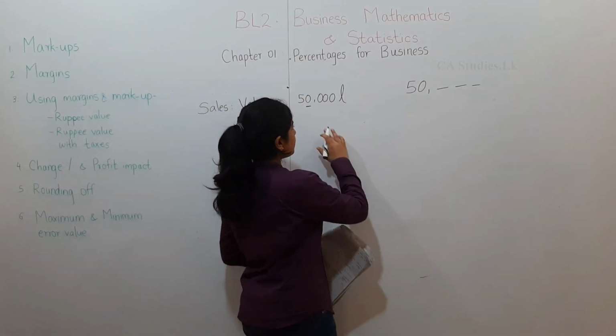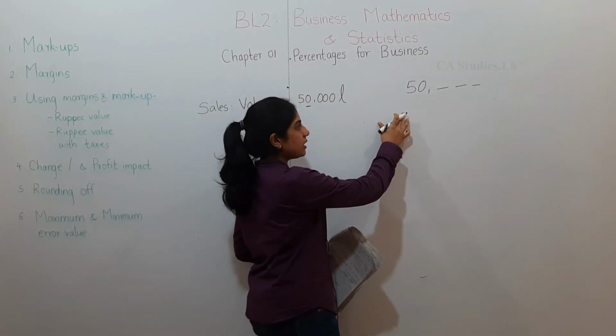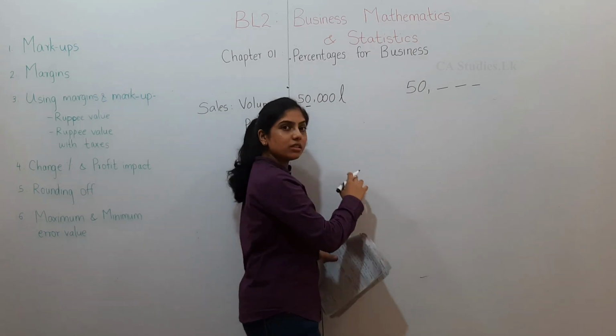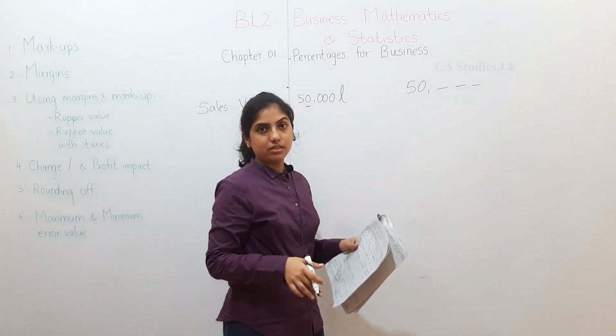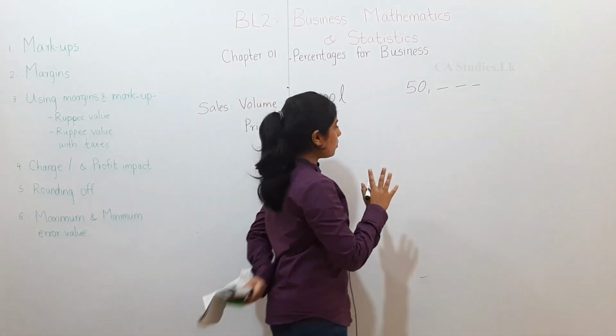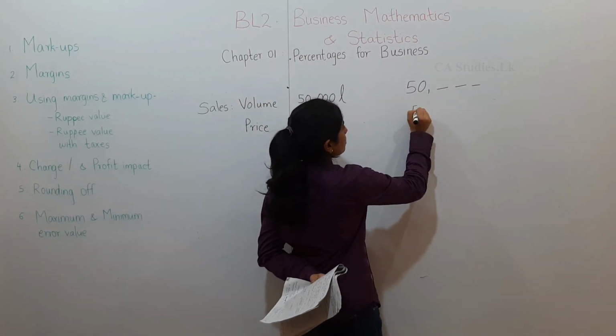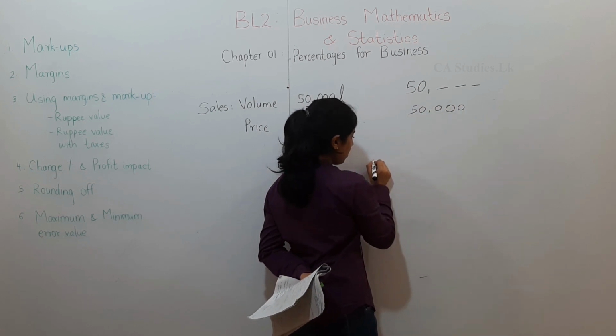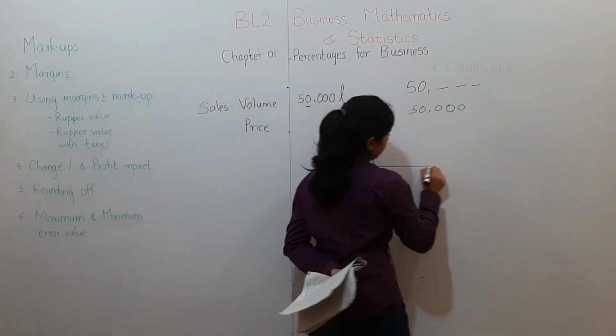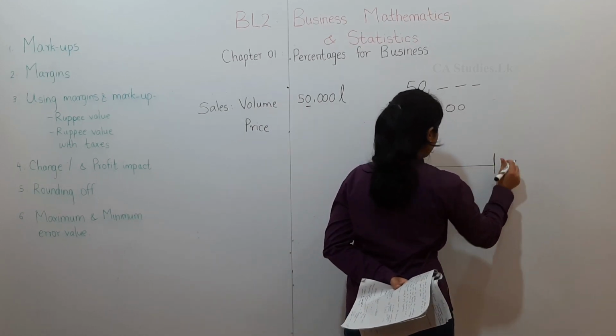So if the rounded figure is rounded to 1000, your error must be expressed in hundreds. Now if you just say this is 50,000, let's draw, first of all you have to draw a number line to understand it, okay.